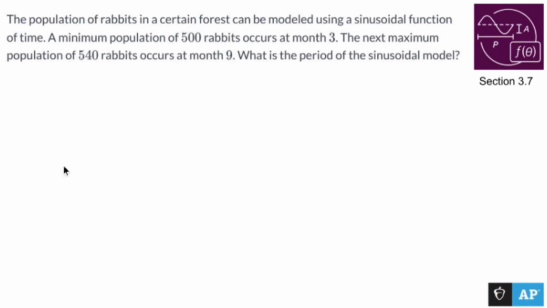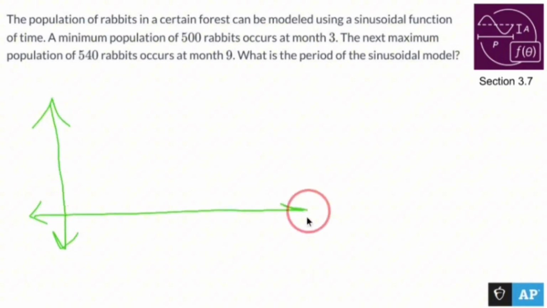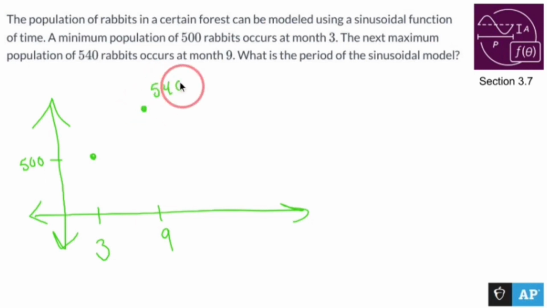Okay, so it starts out by saying at 3, you have 500 rabbits. And then it says the next maximum, which is key, happens at 9. And that maximum is going to be 540 rabbits. So 540 right there.